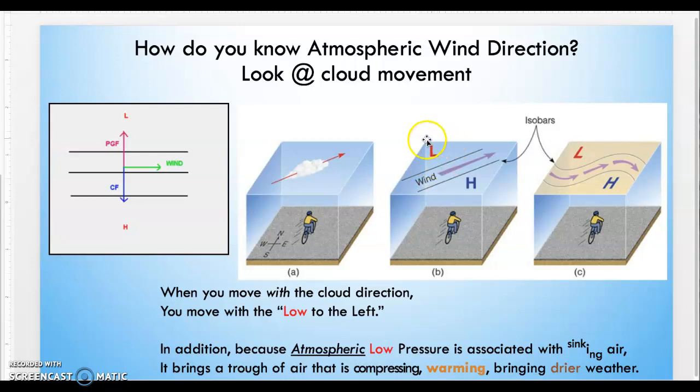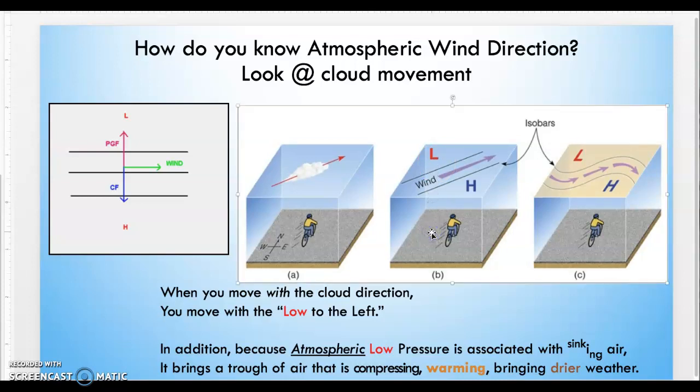Let's think about the atmospheric low pressure systems. Atmospheric low pressure systems tend to be sinking air. And that sinking air brings in a trough of air that is compressing and warming and bringing drier weather.